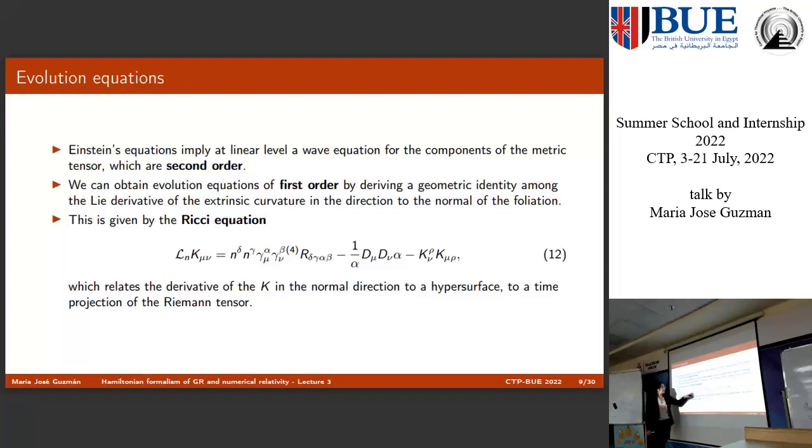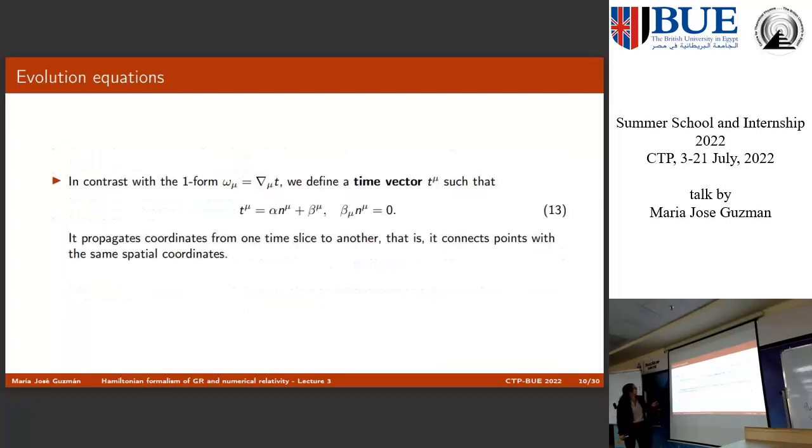So I take the Lie derivative along a vector of the extrinsic curvature, and obtain a relation with spatial derivatives of the lapse function, extrinsic curvature, and the four-dimensional Riemann tensor. Therefore, here I have some sort of dynamics, because this has time derivatives of second order, and here I have time derivatives of first order, and here I have a time derivative of an object that is supposed to be dynamical.